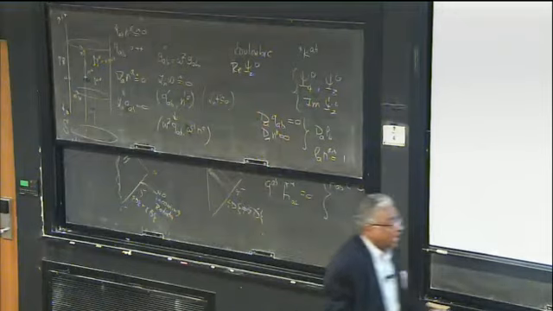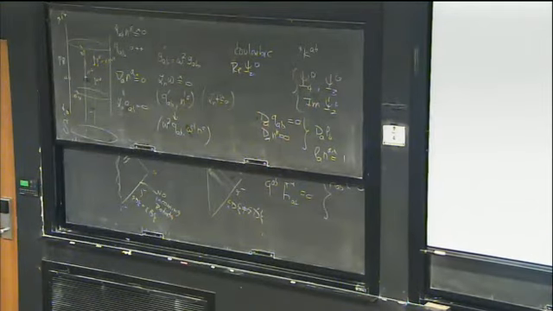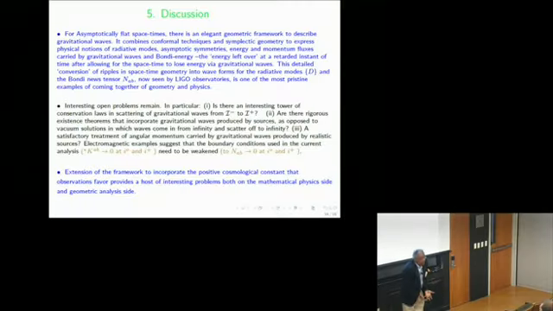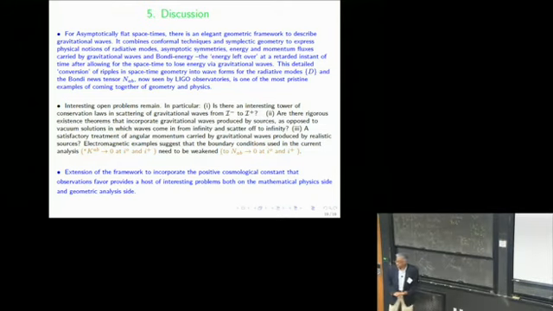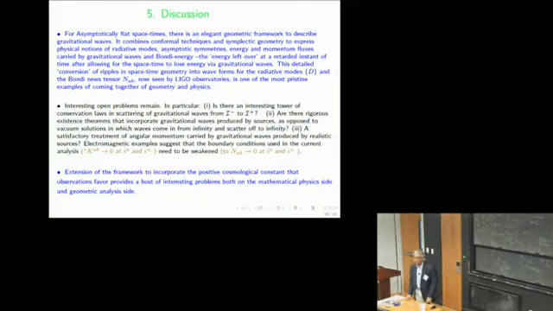But you just have to ask for a weakened condition that the news tensor goes to 0. That requires a revision of the whole framework, and that has not been done. And finally, as I just said, the extension to incorporate a cosmological constant offers a host of interesting problems at the interface of geometry, analysis, and mathematical physics. Thank you.